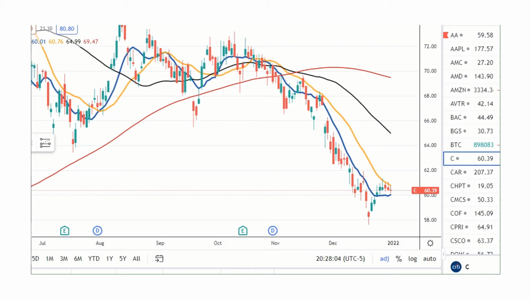So if you feel that a stock is going up, that's usually a call trade that you will be placing. If you feel that a stock is going to be going down, well, that would be a put trade or a put option. And that means you feel the stock is going to be going down.